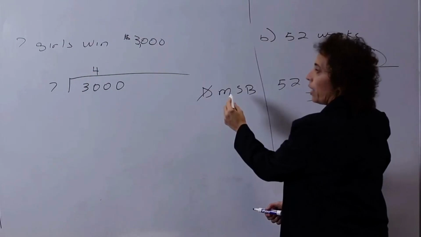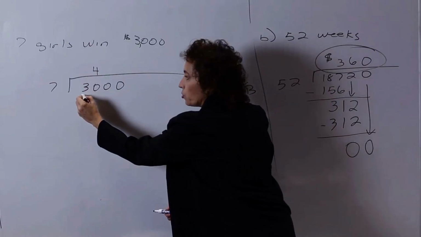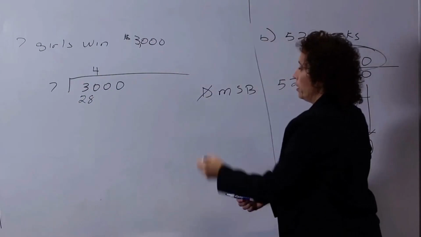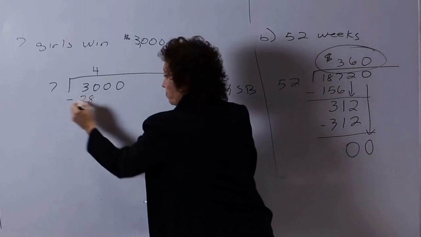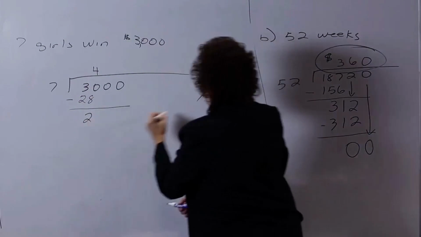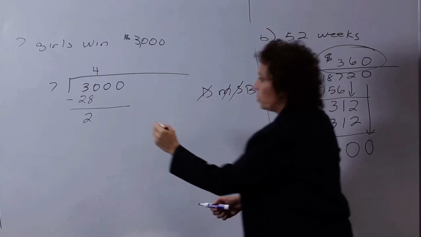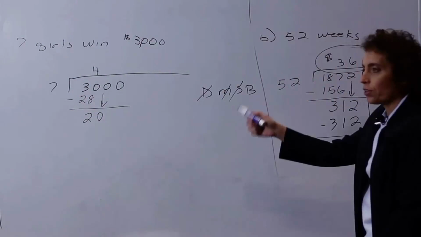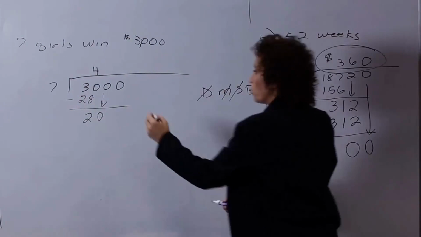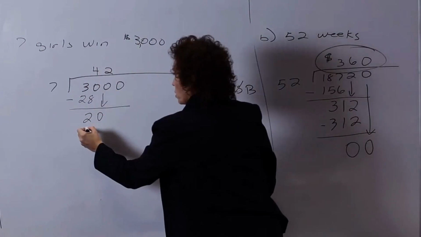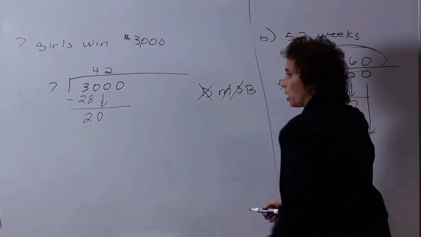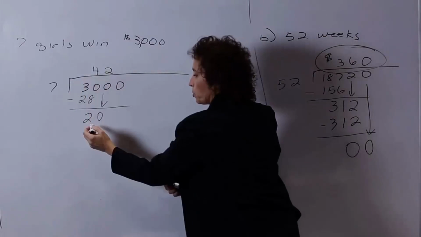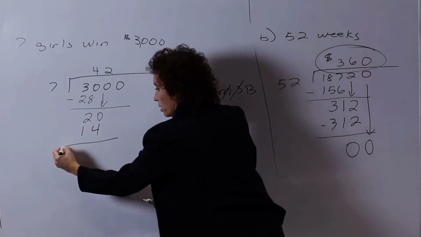Okay, now I multiply. 4 times 7 is 28. Now I have to subtract. I get 2. Now I have to bring down. I get 0. Now I have to do 7 into 20. Well, 7 goes into 20 twice. So that's my division step. Now I multiply. 2 times 7 is 14.